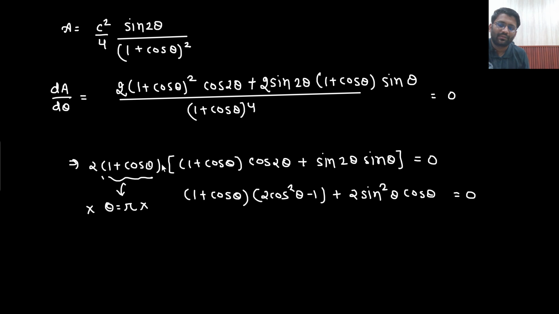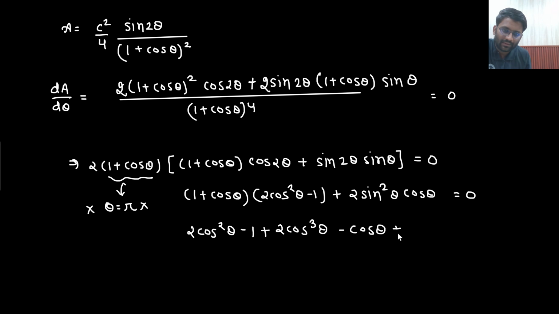Is that clear? I am left with this much. So what I am getting: 2 cos square theta minus 1 plus 2 cos cube theta minus cos theta plus... what kind of calculation is this? Right? A cubic form we are getting. Seriously.